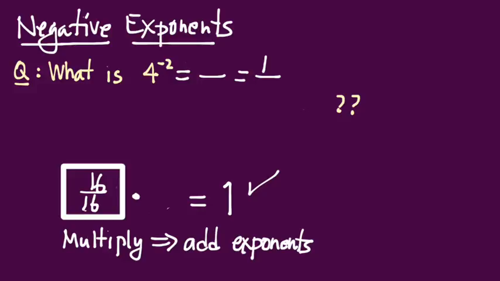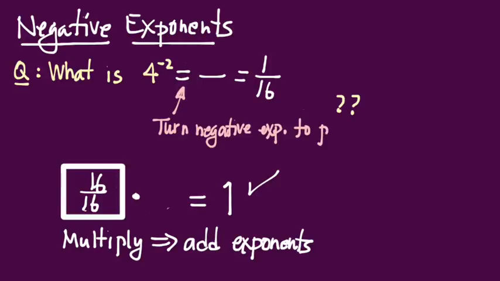And the reason it's 1 over 16 is, I'm going to put one intermediate step in between here. This is going to be the step that you end up using more often. And the step is, anytime you see a negative exponent, we can turn that negative exponent positive. All we need to do to make that happen is just to take this power and slide it from its original position.